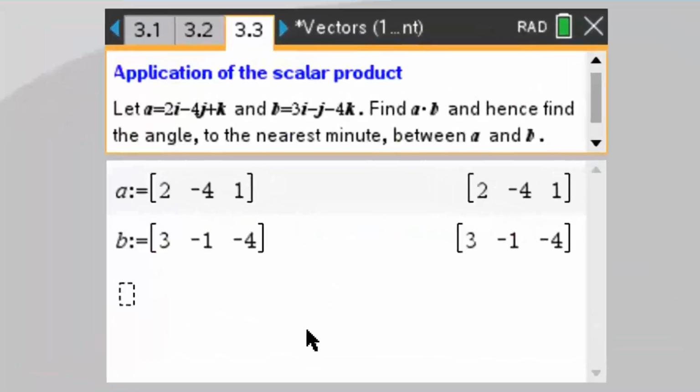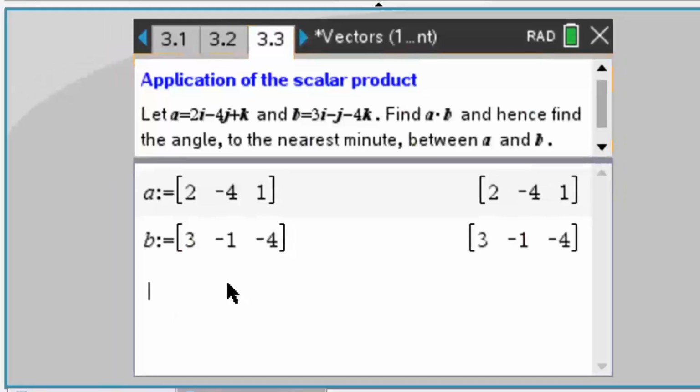So let's look at an application of the scalar product, or the dot product. We've got vector A and vector B as shown. We want to find the dot product and hence find the angle to the nearest minute between A and B. Let's see how we can use the Nspire to perform this calculation. Vectors A and B have been assigned as shown. Our first task is to find the dot product.